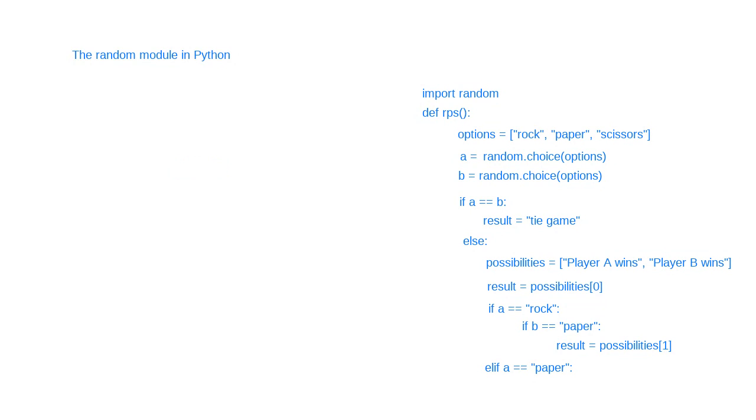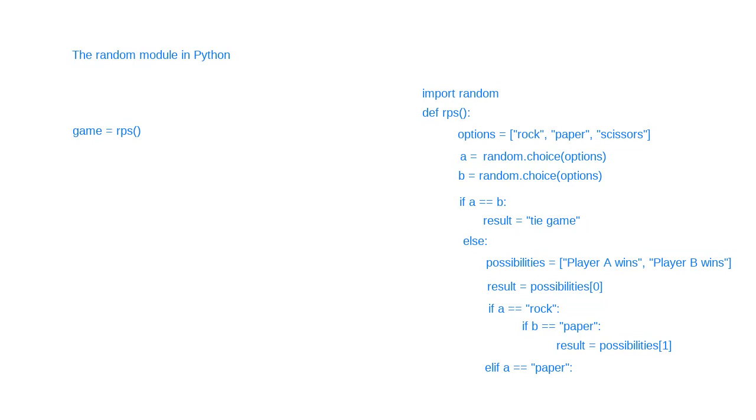We could then run the program and do something like game equals RPS. And so in this situation, I said, let's have the function return a list. So we would have a line down here in the function after we finish the other else, the elif and the else statement.